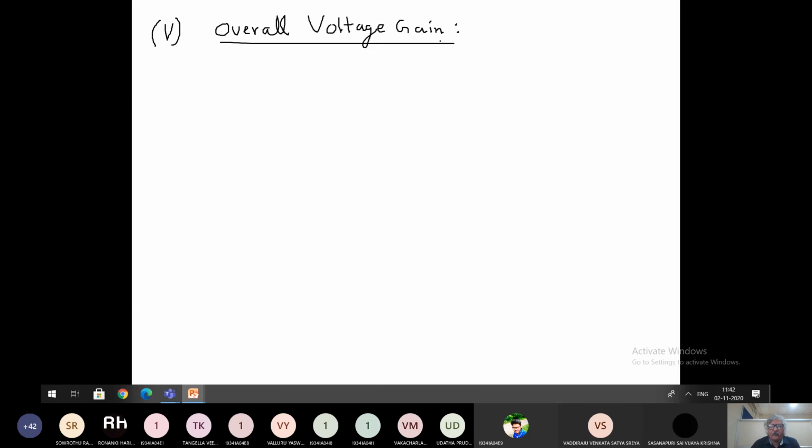What is the input to this circuitry and what is the output voltage of this circuitry? That will give you the value of the overall voltage gain, right? So this overall voltage gain is represented by AVS, right? AVS means overall voltage gain. AV means internal voltage gain. So for this overall voltage gain, you will get the output voltage by the input voltage.